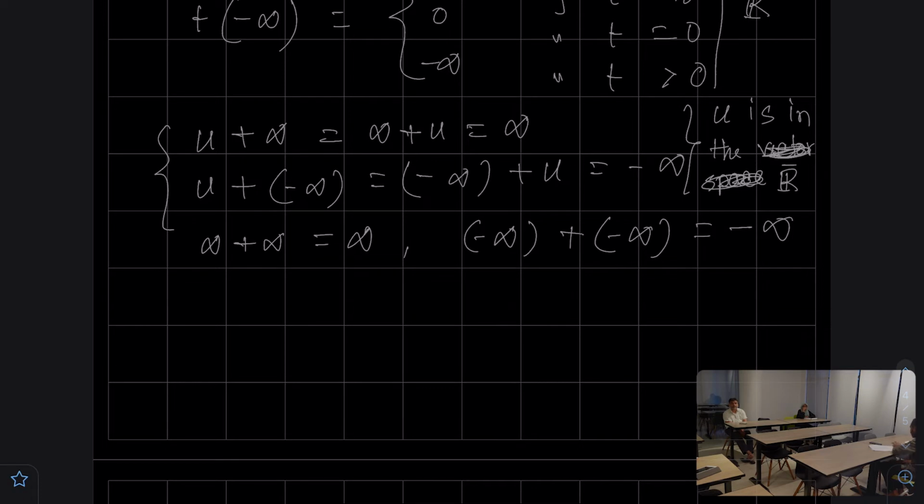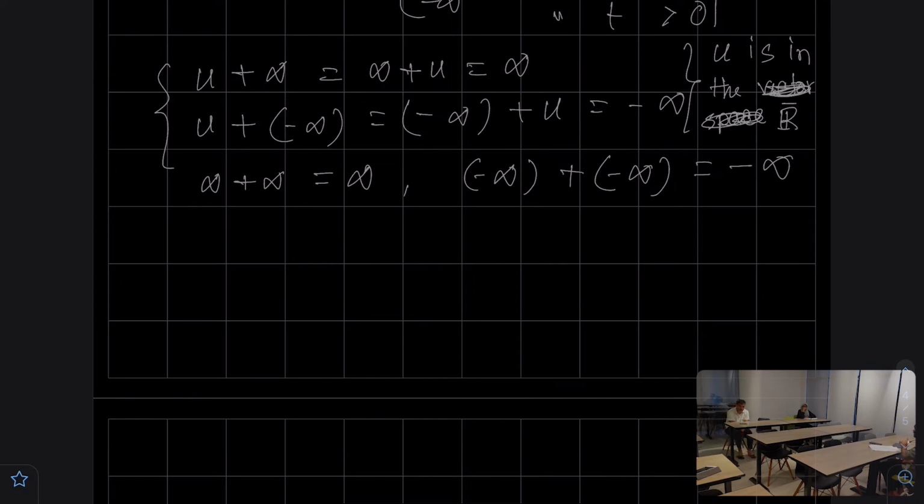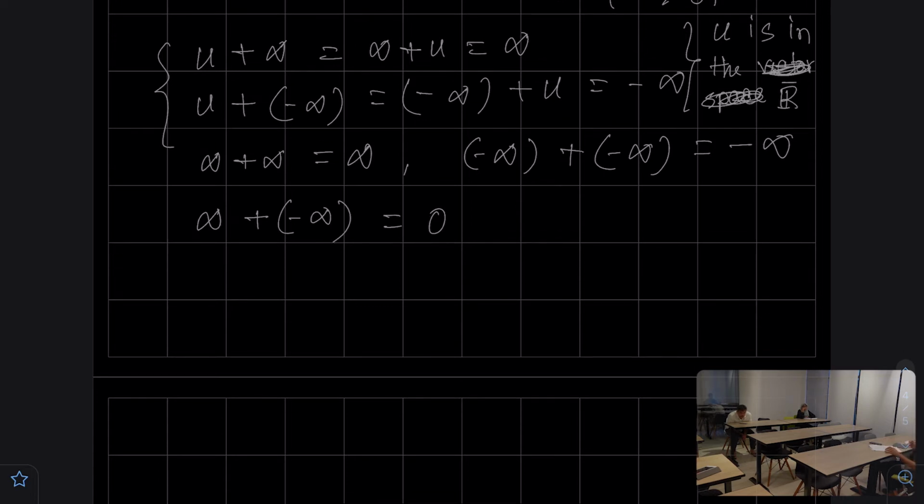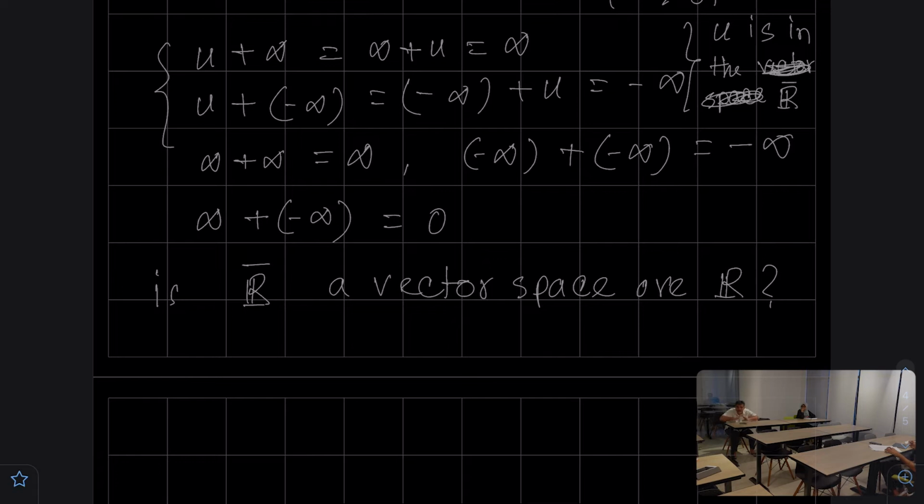So these are the operations I defined. Under this operation, this is 0. I defined this. So according to this definition, minus infinity is the additive inverse of infinity. We are trying to make sense of infinity and minus infinity through this example, but we'll see that it's not possible.